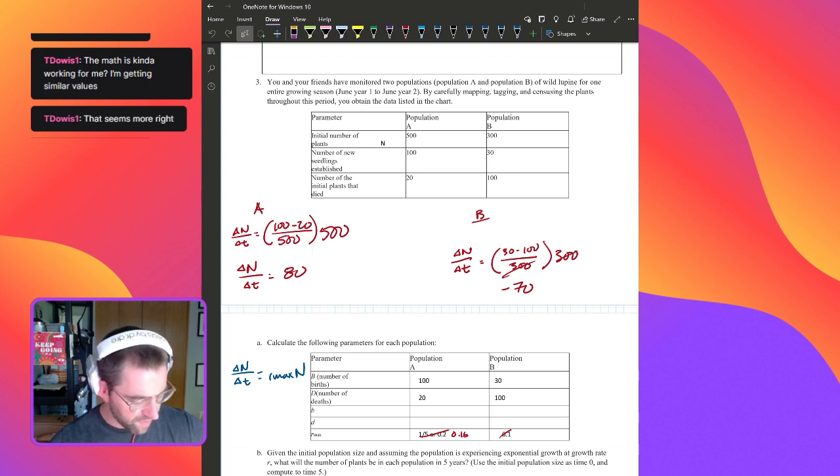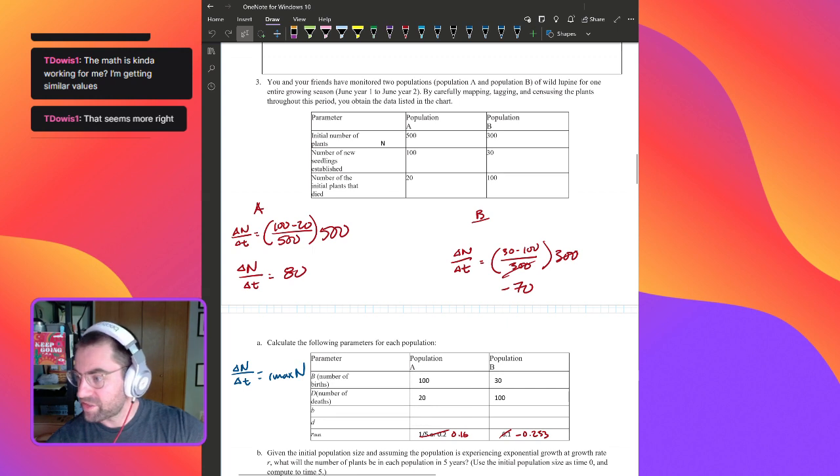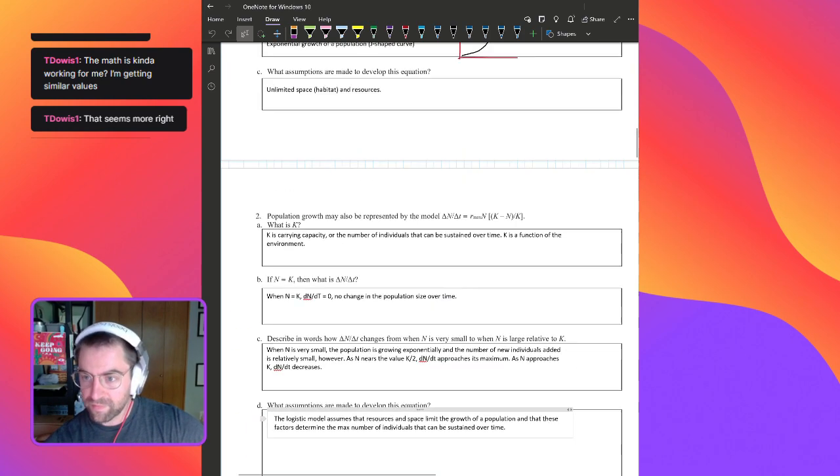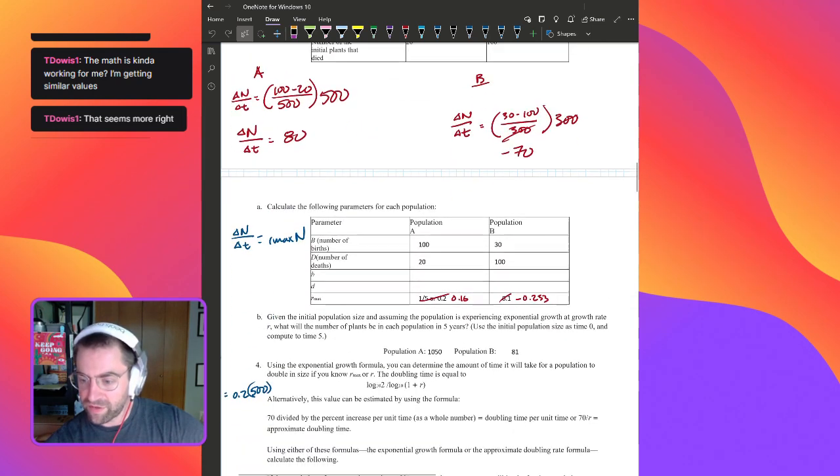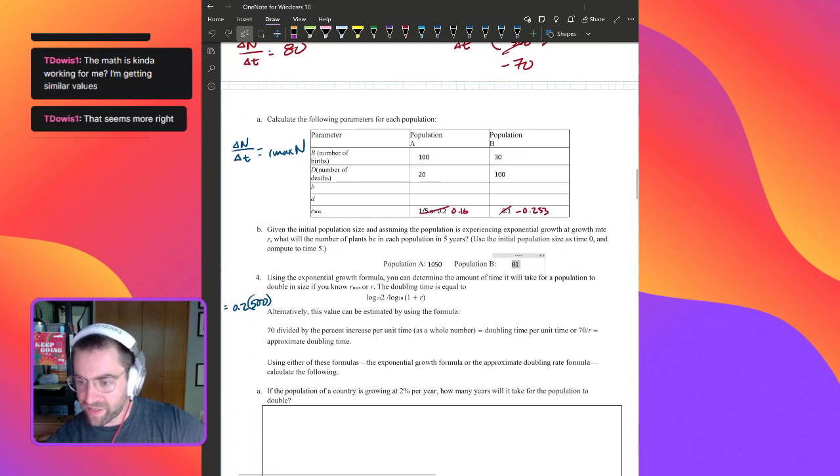So negative 70 divided by 300 would be negative 0.233, which would be a pretty dramatic decrease in population. That seems to make sense. We had an initial population of 300, so even with the answer key that we were given, 81 seems like a much more plausible number given a negative growth rate.